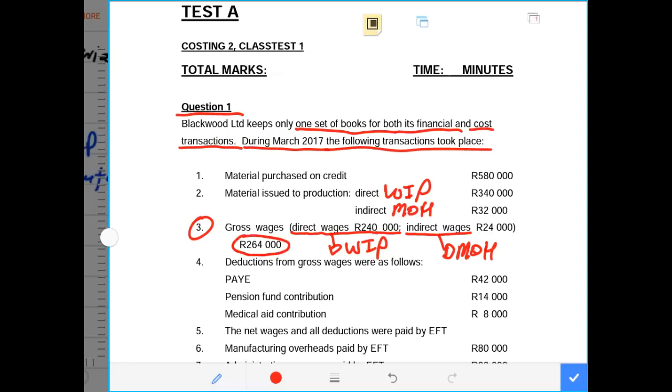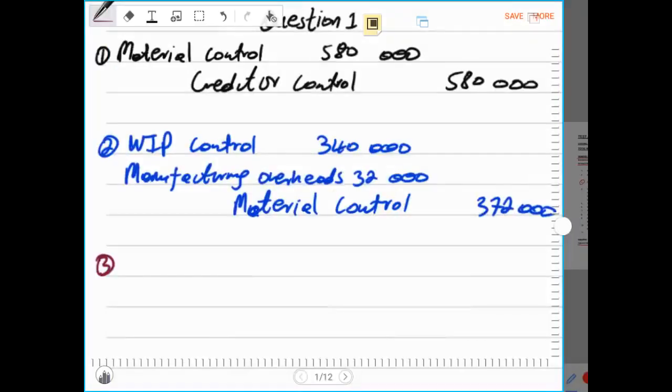So now the total of this 264,000 rands has to be recorded under the wage control, because these are the total wages that we have. So our wage control will have to be recorded on the credit side. However, our work in process and manufacturing overheads will be increasing on their debit sides.